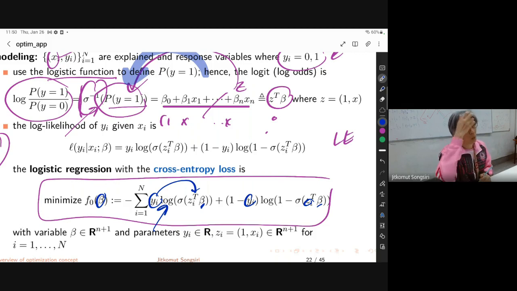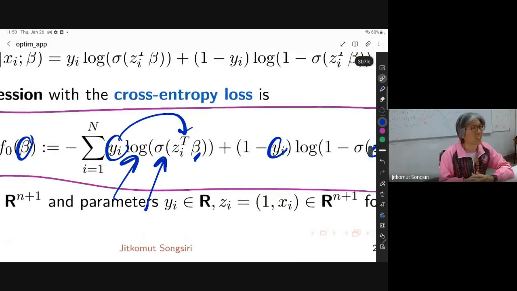Remember that a problem is called unconstrained when it does not have explicit constraints. Implicit constraints will be treated as the domain of the problem. Of course, does the sigmoid function ever return a negative value?